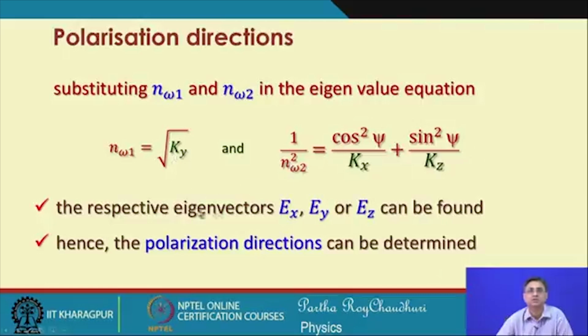So, these are the two respective eigenvalues for the wave which is propagating in the x z plane, and the eigenvectors corresponding to these will be E x, E y and E z, which can also be found out the same way we have done it for the z propagating wave. Hence, the polarization directions can also be determined by knowing the solutions n omega 1 and n omega 2.